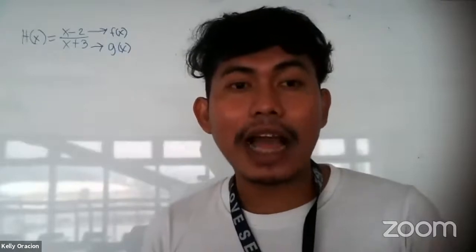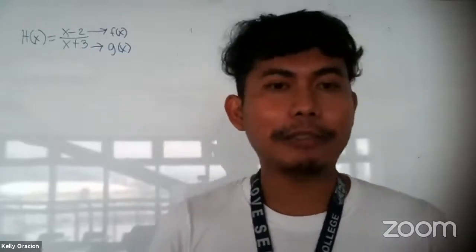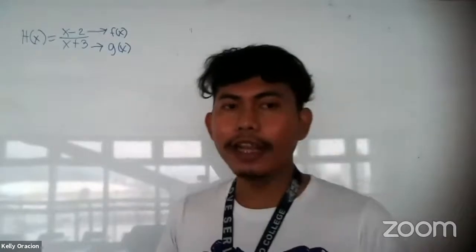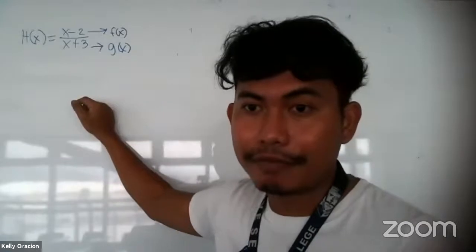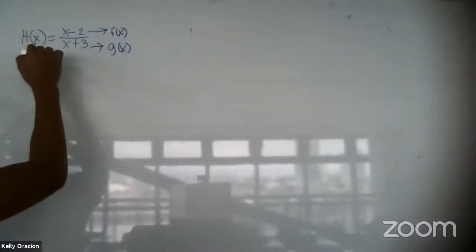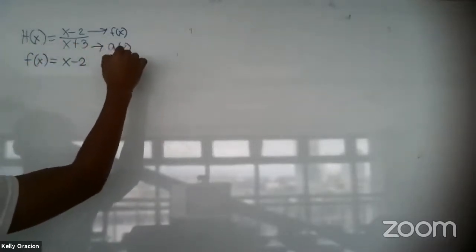They use u and v. So they are just similar; the answer is the same, only the term or variable differs. Again, the numerator is f of x, the denominator g of x. So f of x is equal to x minus 2, g of x is x plus 3.